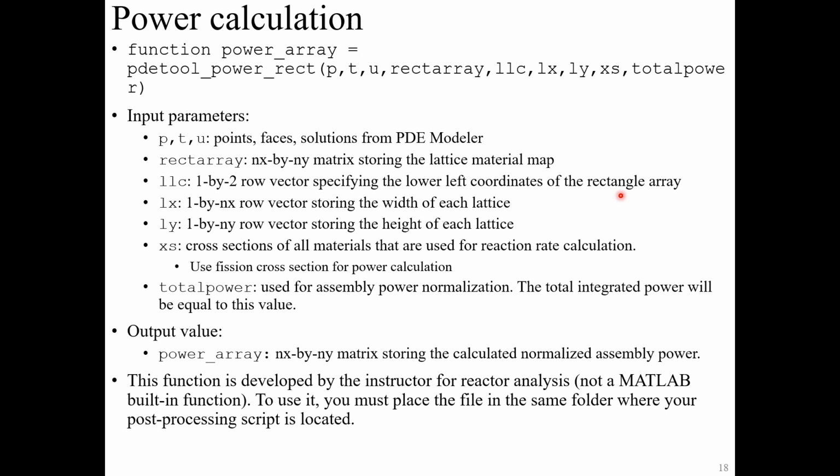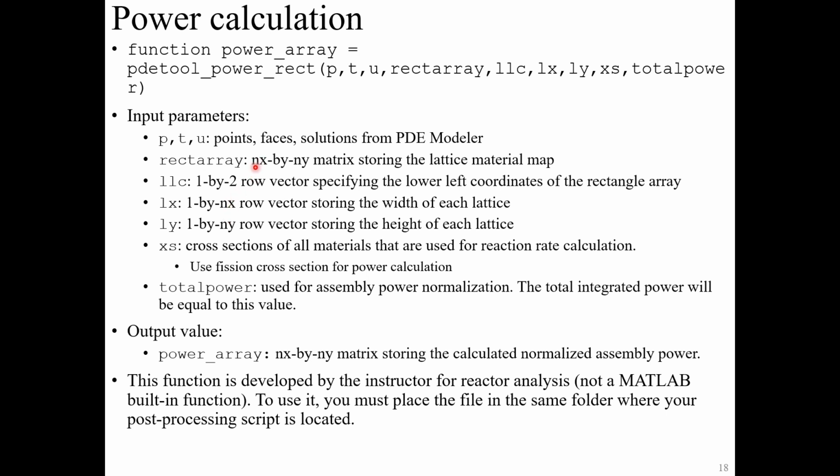Normally 0 and 0 if you place your core center at the origin. Then rx, of size 1 by nx, is also a row vector storing the width of each lattice, and this nx should be equal to the nx for the rectangular array. These two should match.